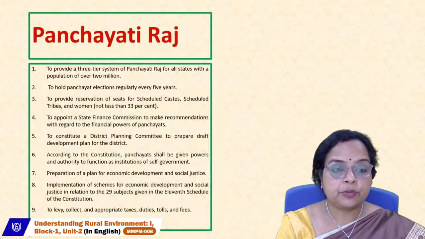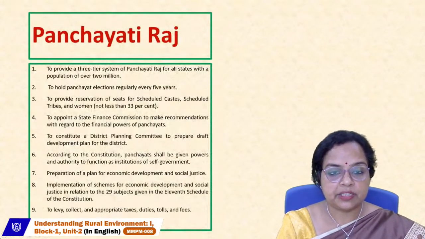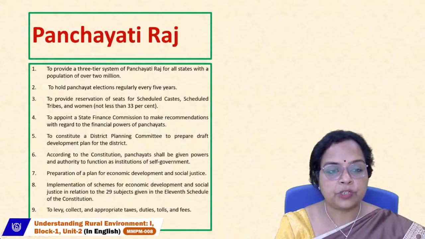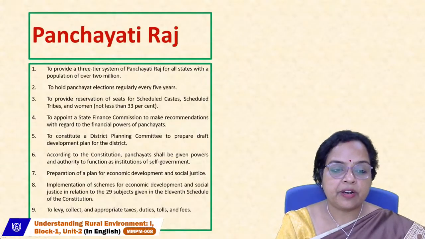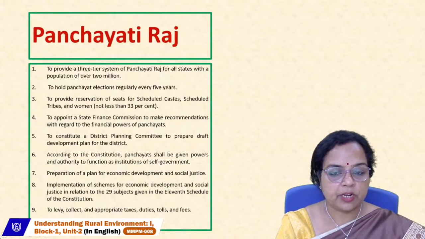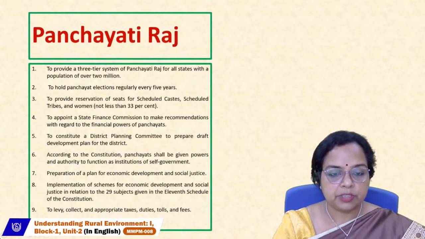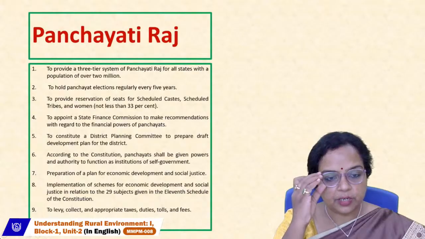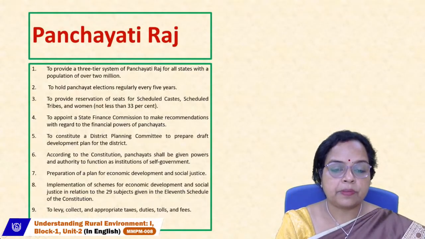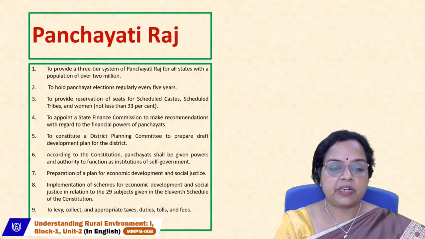It was developed to provide a three-tier system of Panchayati Raj for all states with a population over 2 million. It holds panchayat elections regularly every 5 years, provides reservation of seats for scheduled castes, scheduled tribes and women, appoints a state finance commission to make recommendations with regard to financial powers of the panchayat, and constitutes a district planning committee to prepare a draft development plan of the district.